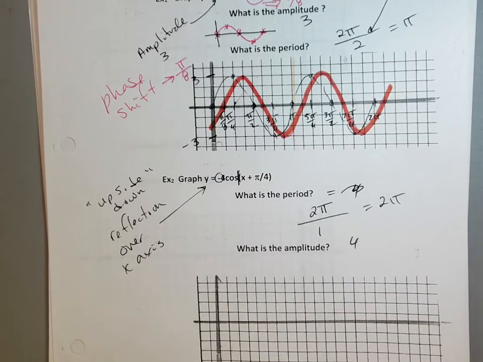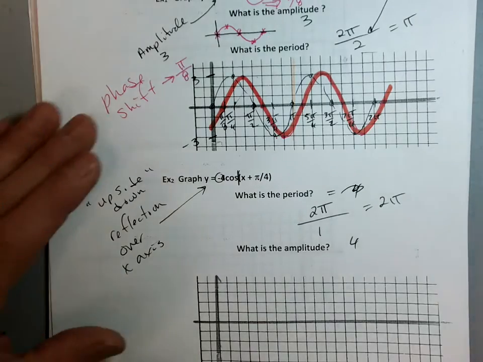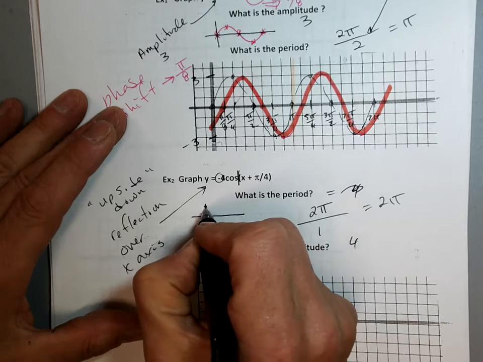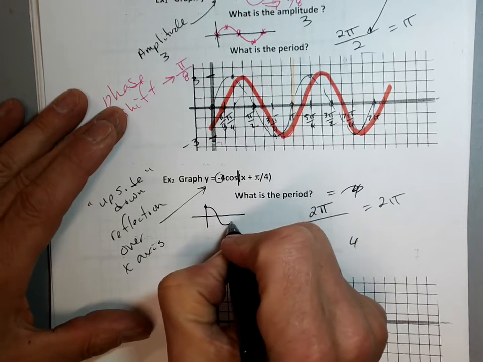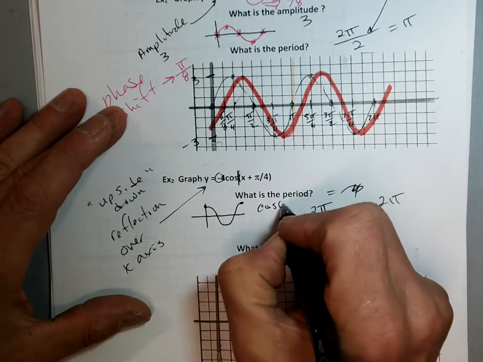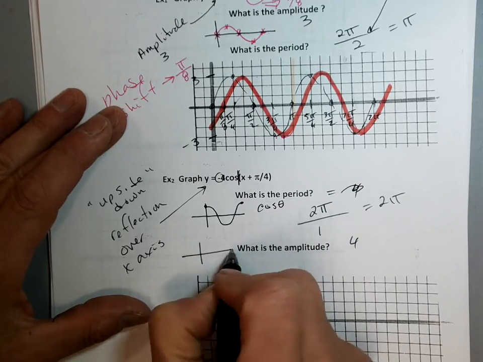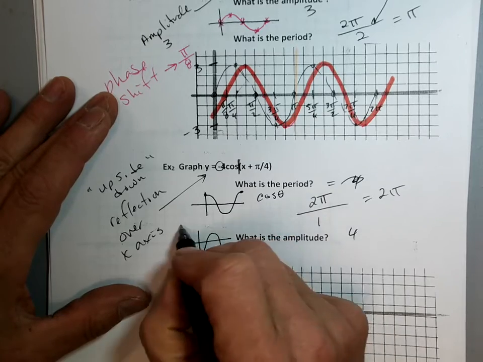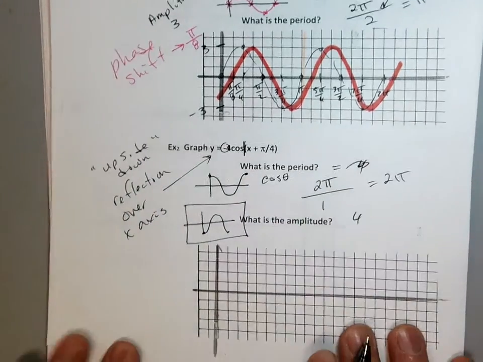1 curve, right? So I know cosine looks like this. This is what a cosine curve looks like. It starts up. That's what a cosine looks like. But we're going to do a negative cosine, so our cosine is going to look like this. Okay, that's the shape I want.